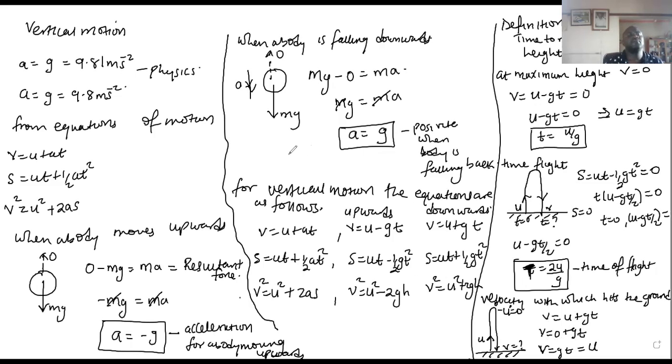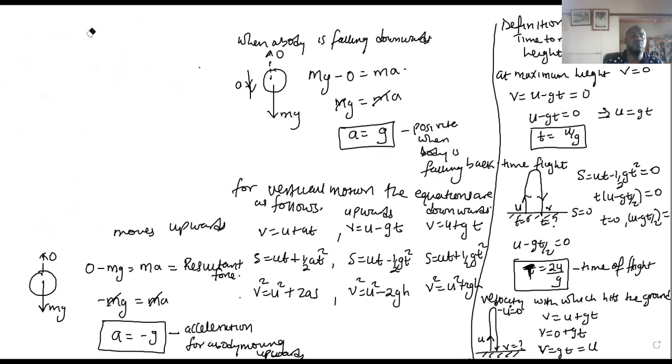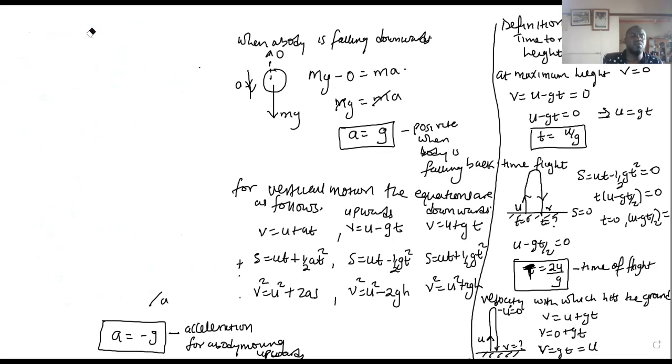Now, what if it is bypassing that level? Or it has not reached that level, it has stopped somewhere, and they're asking you with what velocity has it reached that somewhere? Then this is what is going to happen.